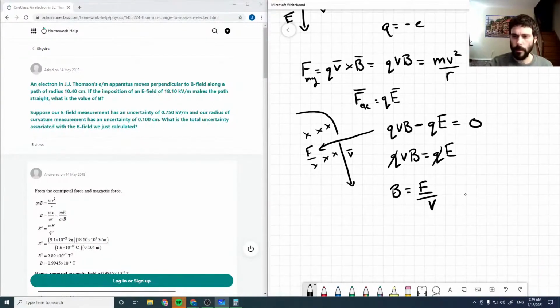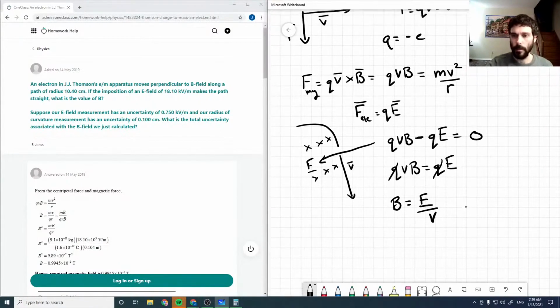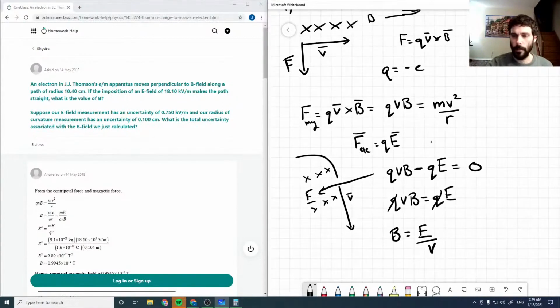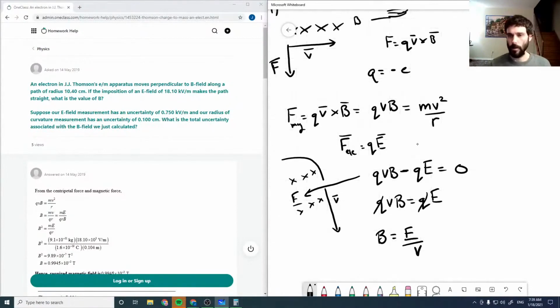Okay. So our velocity, we can use this above expression to solve for our velocity. So cancel the V here.